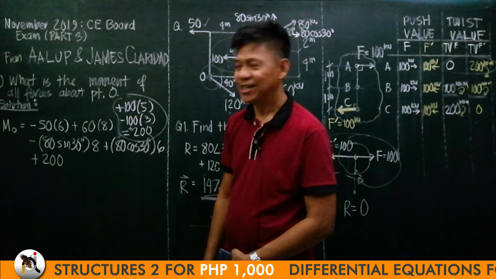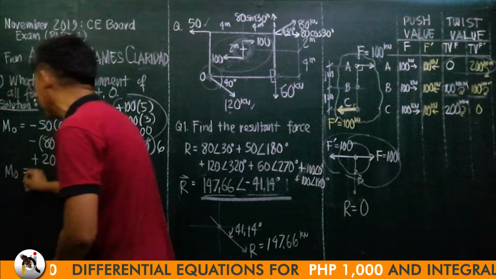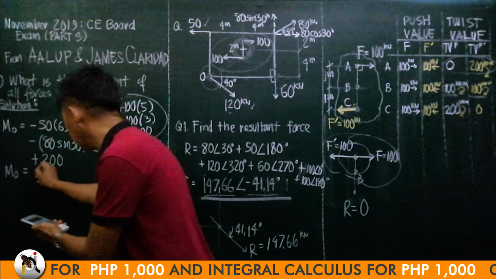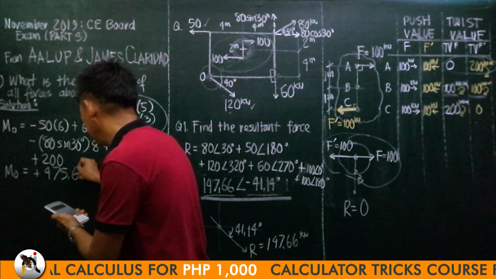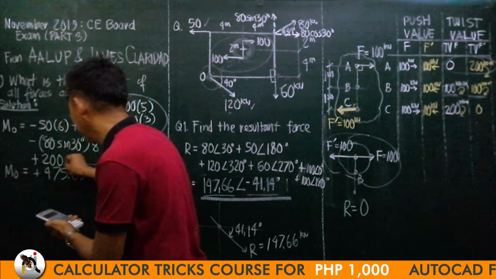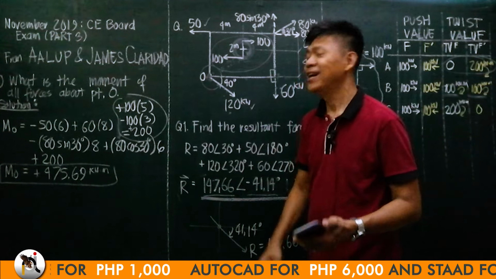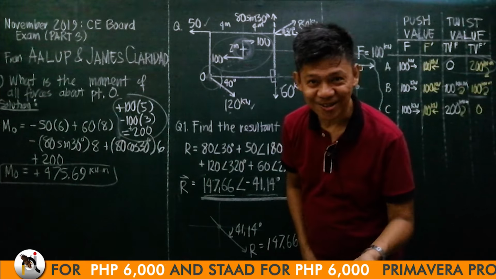So, computing the moment of all the forces about O, you will get positive 475.69 kilonewton meter. Do you understand?